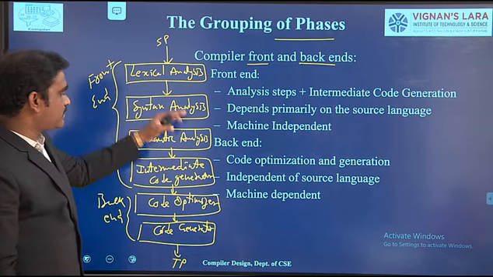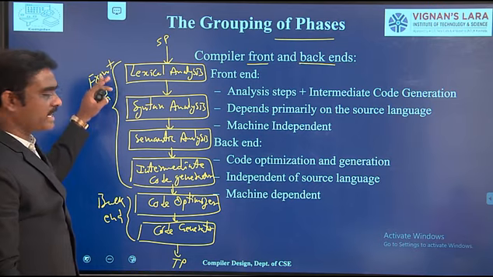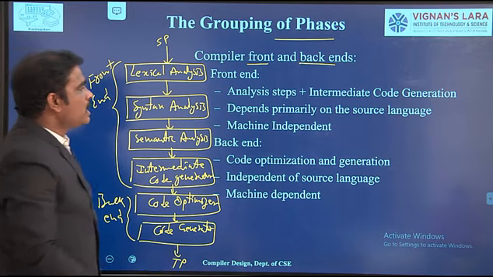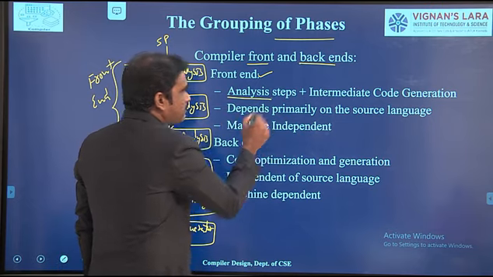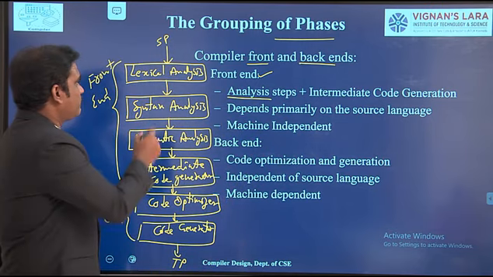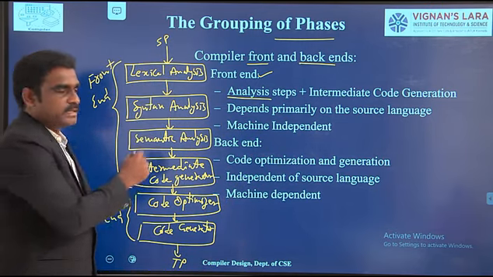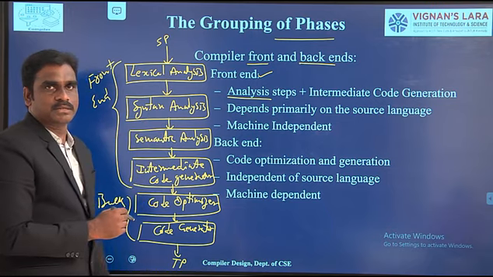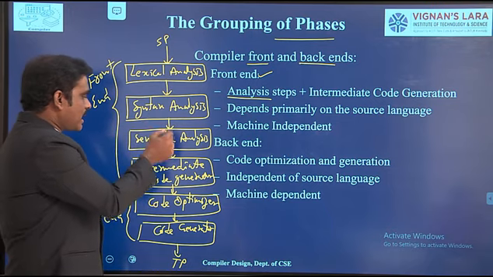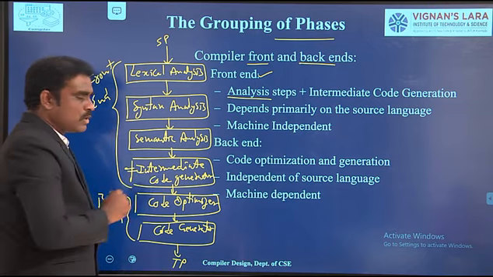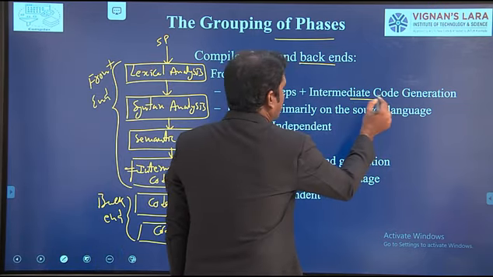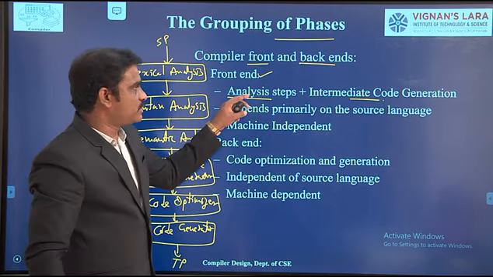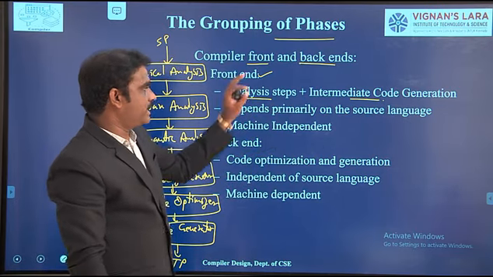Here the front end means the analysis, the first 3 pages: lexical analysis, syntax and semantic analysis. Along with that we have to add one more page, that is the intermediate code generator. This is the first point. So the first 4 pages come under the front end.